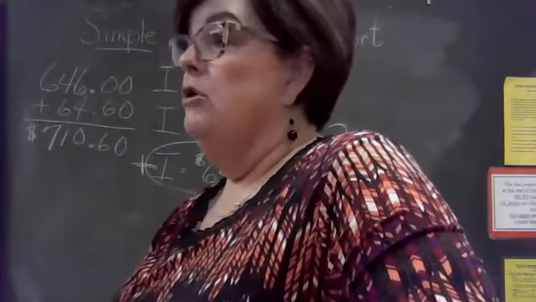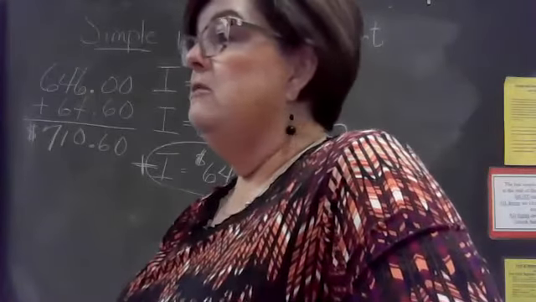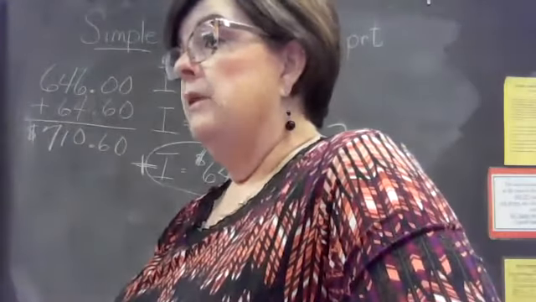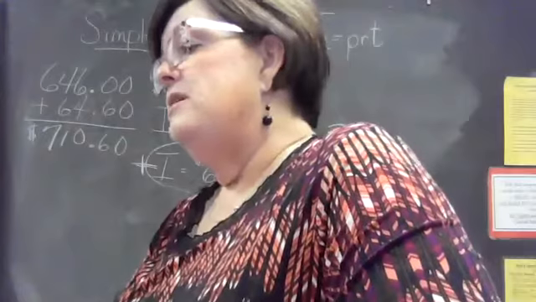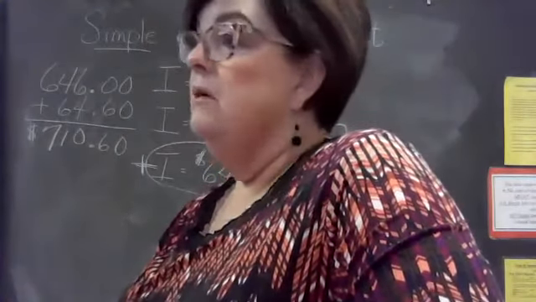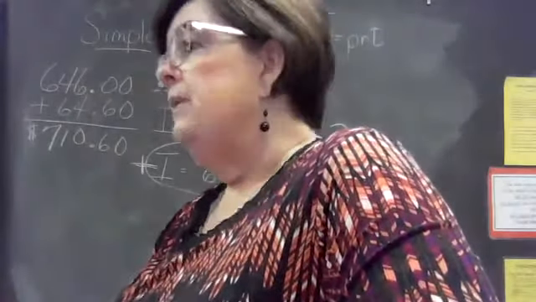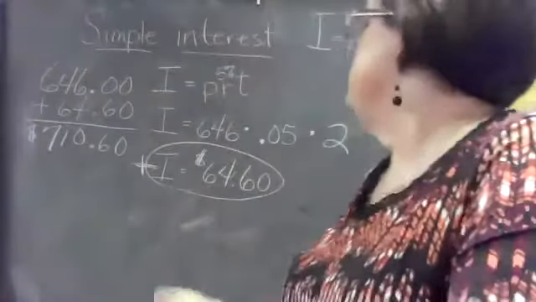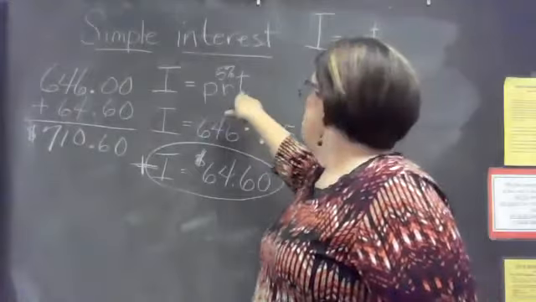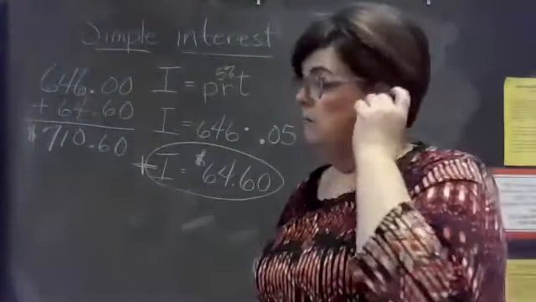Where you buy a $100,000 house, it might cost you at the end of your loan $312,000, but you get the privilege of only paying a part of it instead of having to pay the whole thing. So you have to decide what's important to you. Okay, but simple interest, you just take the beginning principal, change the rate to a decimal, and the time has to be in years, and that will give you only the interest.